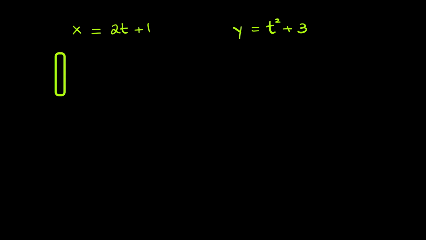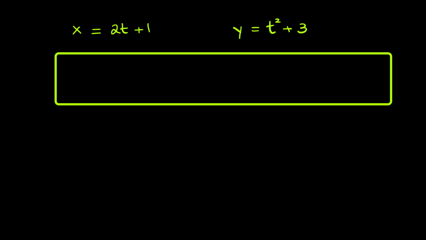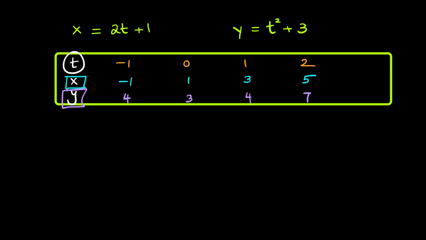Let's form a table in which we calculate values of x and y based upon values of t. I'll take four values of t: negative 1, 0, 1, and 2. Doing the necessary calculations, we get the corresponding values of x as negative 1, 1, 3, and 5, and the corresponding values of y as 4, 3, 4, 7.